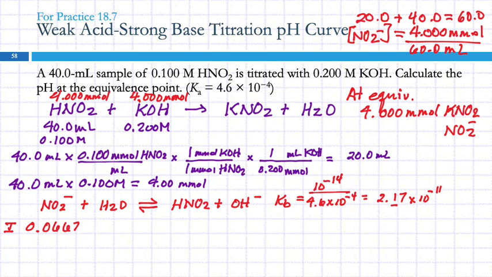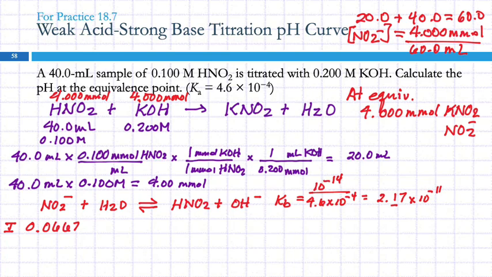And now we're going to take that as our new starting point and see how it reacts back. So we made 4 millimoles of it, but because it's the conjugate base of a weak acid, it's going to react with the water and produce a little bit of the nitrous acid.